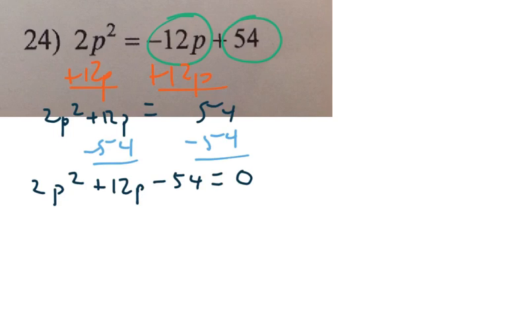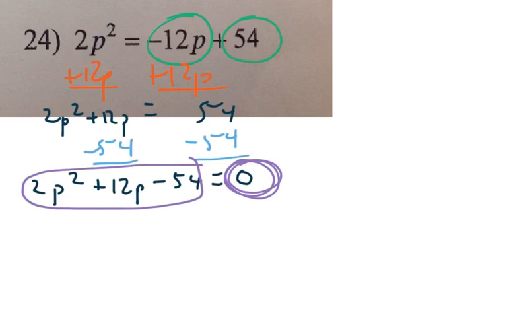But the reason why I said they were in the wrong position is because remember, first of all, we want our equation equal to 0, and we need our quadratic itself to be in standard form, right? Because we can't solve with the quadratic formula unless it's in standard form equal to 0.